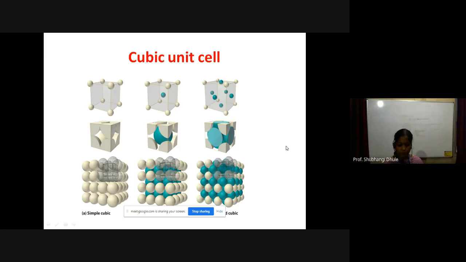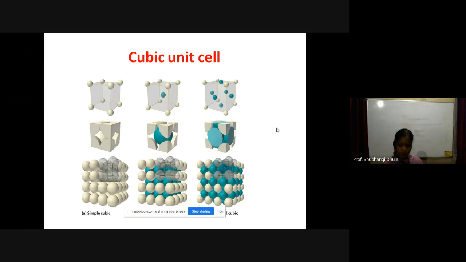In the FCC we learned in the last lecture that all the corner particles are shared by 8 unit cells. So each corner is adjacent to 8 unit cells, and 1/8 part is inside the single unit cell at each corner.